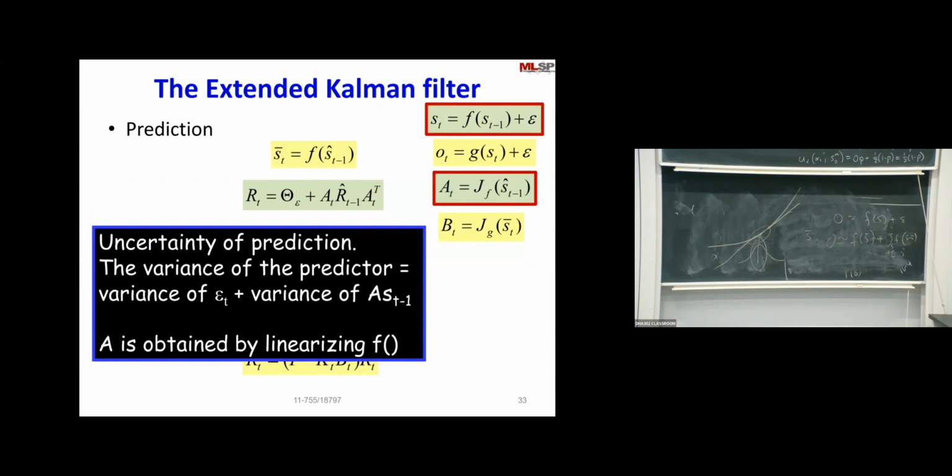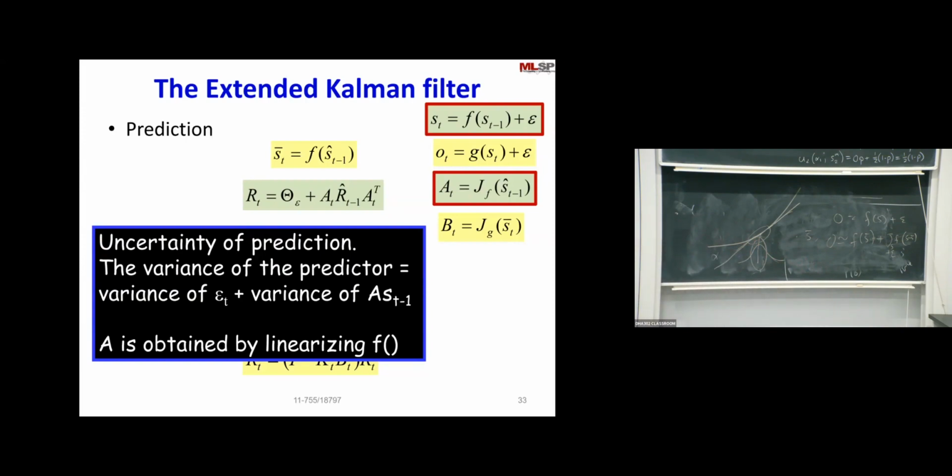The uncertainty is going to be the uncertainty of the noise plus the uncertainty of the state at time t minus 1, pre and post multiplied by A and A transpose, where A is the Jacobian of the transition equation. And the Jacobian simply becomes the matrix multiplier for the linear equation, right? Everybody with me? Right, nothing magical happened.